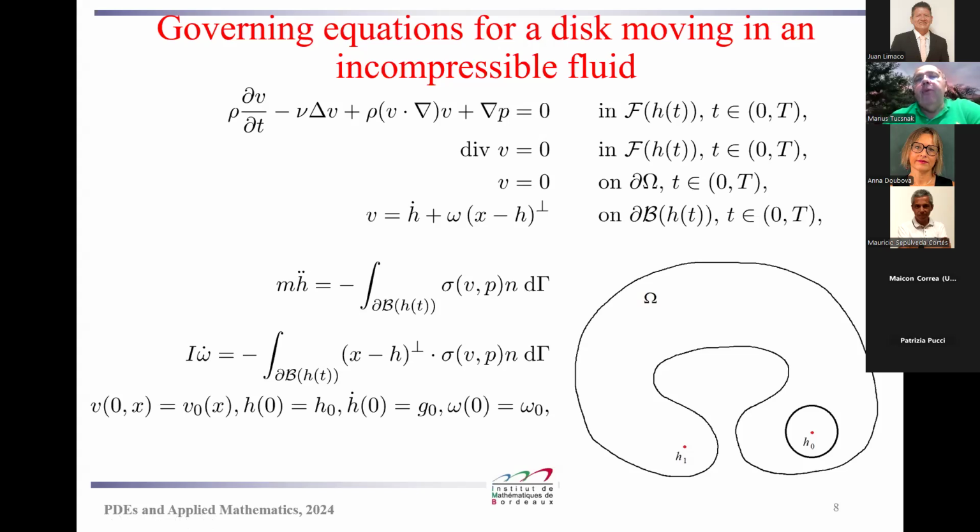These types of models can be complicated. We can add the temperature and thermal effects in the fluid. We can take more than one solid, but the type of equation is quite similar. This doesn't mean at all that the mathematics behind will be similar, but at least the models will be pretty similar.